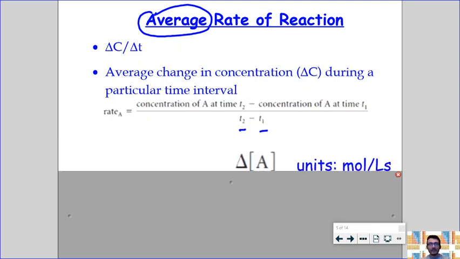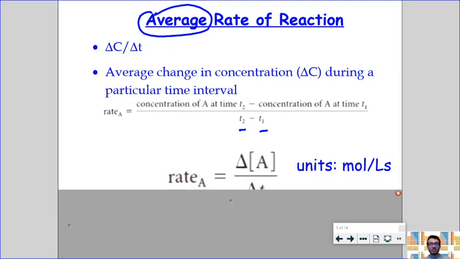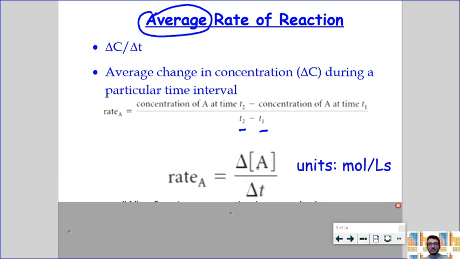That means we see a concentration change, so delta concentration of A per unit time, per second. The concentration we know is measured in moles per liter. If that is divided by seconds, we'll say moles per liter per second. So these are our units.